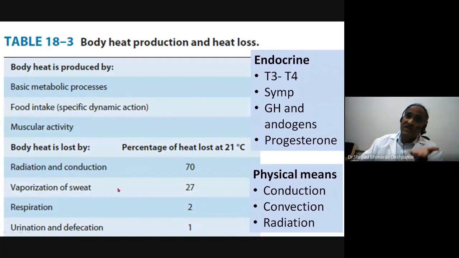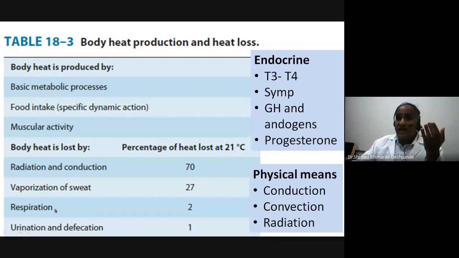Sweat is water, and this water layer cools down the surface, and there is even the latent heat of vaporization, which produces cooling and would produce the loss of heat. That is nearly 27% in a normal individual. So it is a very good loss, by the sweating mechanism, especially when we are exposed to very high heat stress.